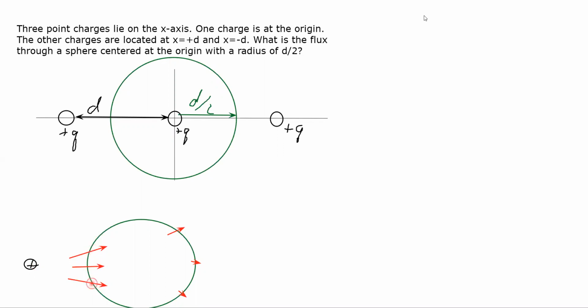Okay, so you would have to use that integral E dot dA to solve for the flux. But my point here, just looking at this conceptually, is that you have electric field going in, and that gives us a negative flux. Okay, and flux depends on two things, right? Flux depends on area and E.